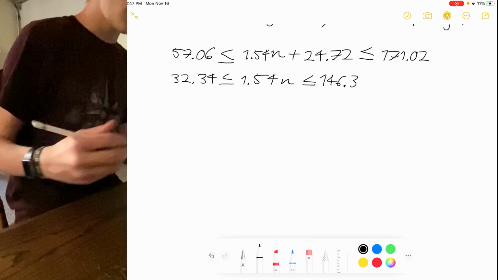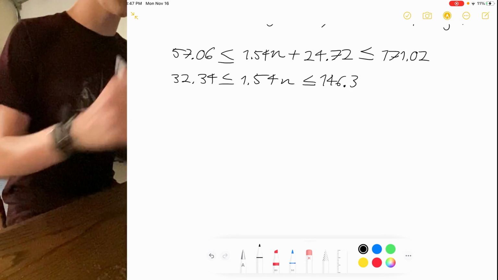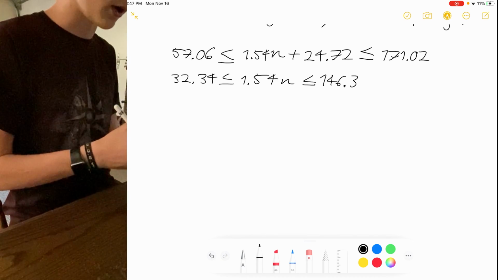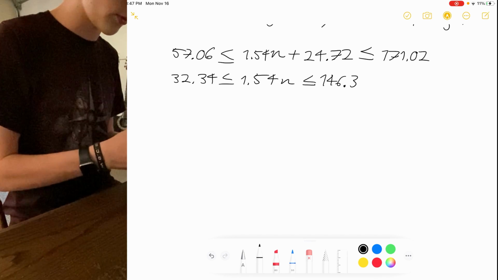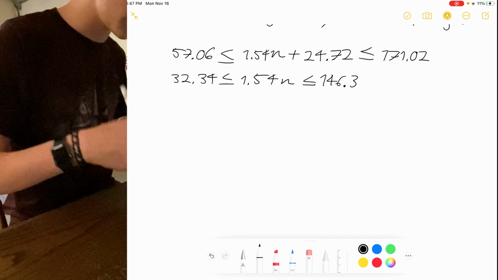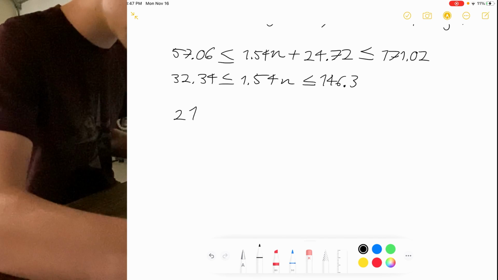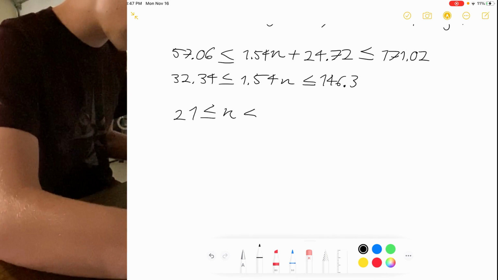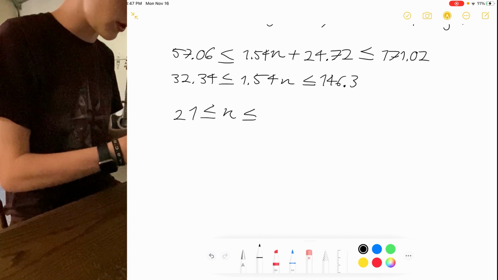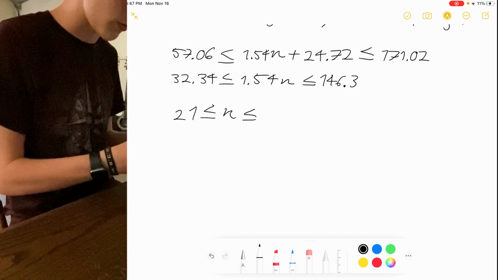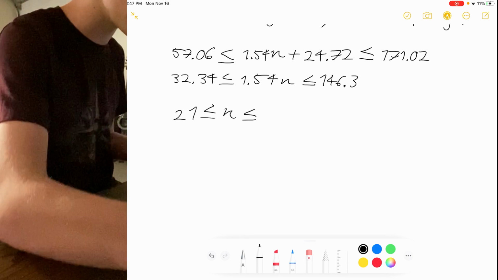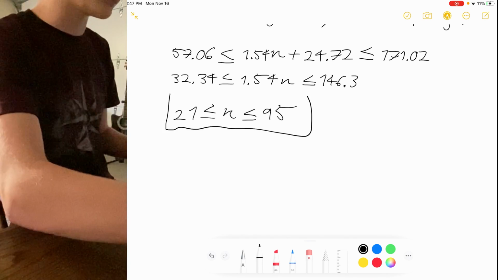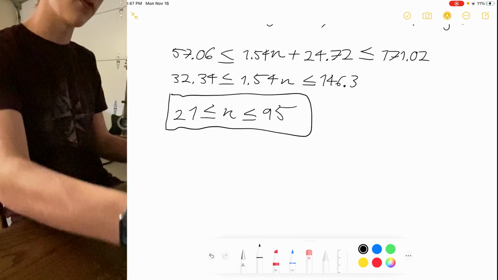Okay, and then now we're just going to divide all of these three sections by 1.54. So 32.34 over 1.54 is 21, so 21 HCF is less than or equal to N, which is less than or equal to 146.3 divided by 1.54, which is 95. So this is the range that his HCF has to stay in, right?